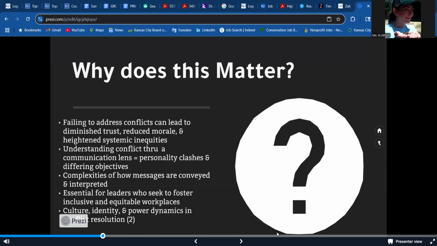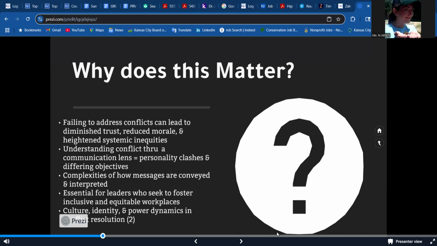Disparities between colleagues and subgroups within the workplace, right? So it's really, again, important to understand conflict through a communication lens. So where personalities are clashing, where objectives are different between individuals or groups of individuals.